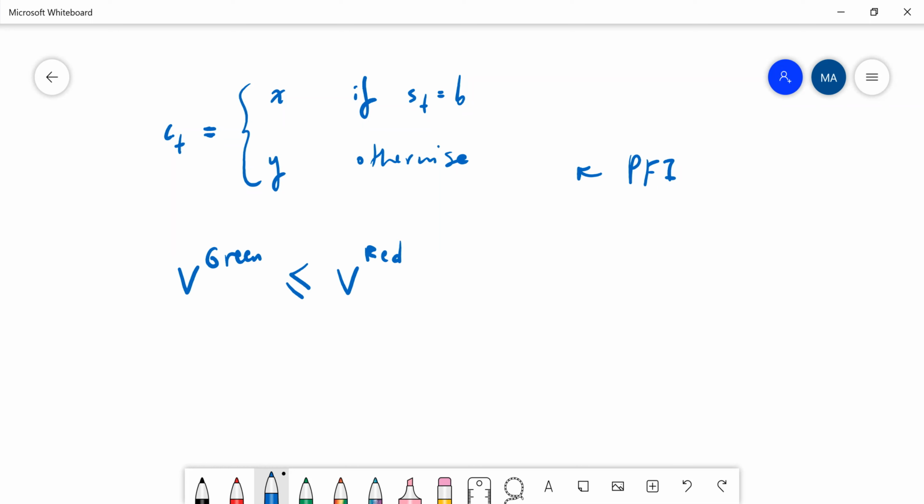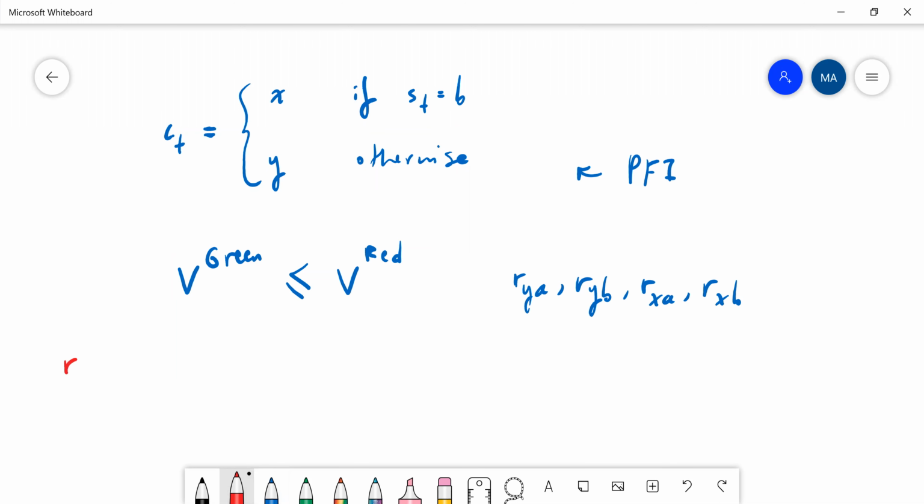And that will require further inequalities between these rewards, okay? X_A and X_B, okay? And these inequalities, if you solve them for each state, you will have this.